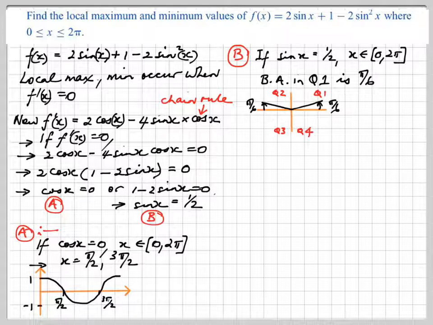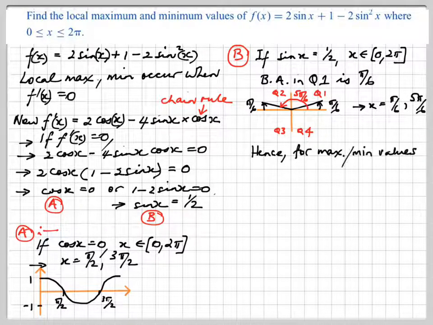Those angles are the ones I want. So there's a pi on 6 in quadrant 1, and of course that comes to 5 pi on 6 in quadrant 2, taken from the 0 position, if you get what I mean. So x therefore has to be pi on 6 or 5 pi on 6. Therefore, I've got my 4 angles, haven't I?